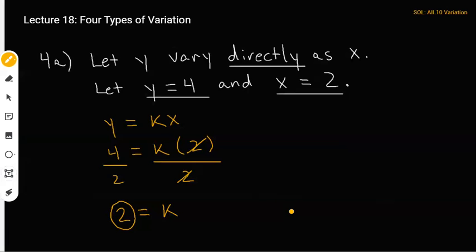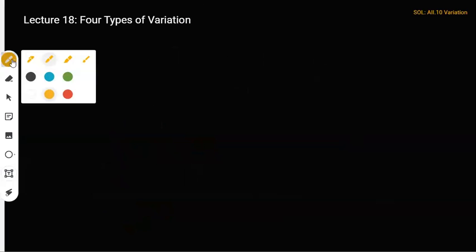Okay, we're going to try 4 part B together. Now for 4b, it's going to say let q vary inversely as x.